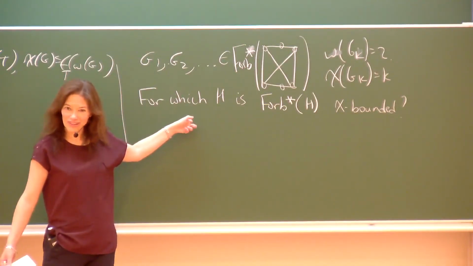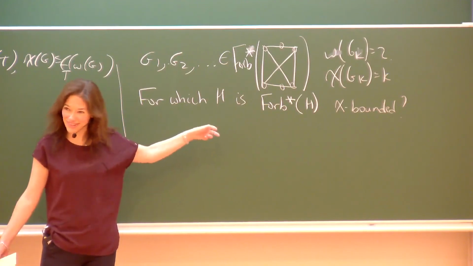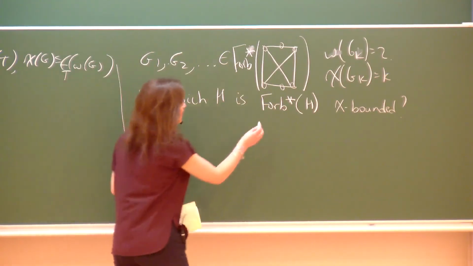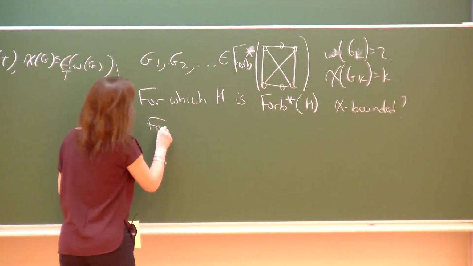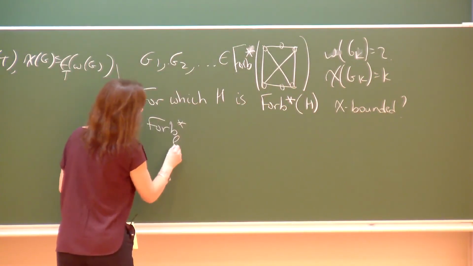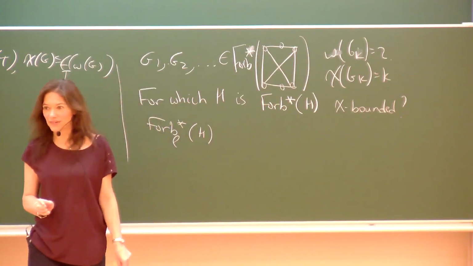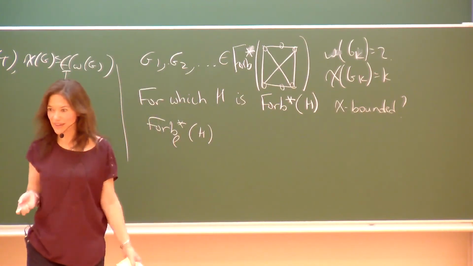So I need to cheat a little bit. This would be a nice question, the nicest question, but it's too hard. I'm going to change it a bit. I'm going to have Forb star sub L of H. What that means is subdivisions of length, where every edge of H is subdivided at least L times.